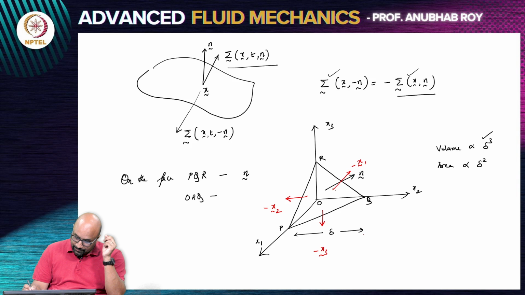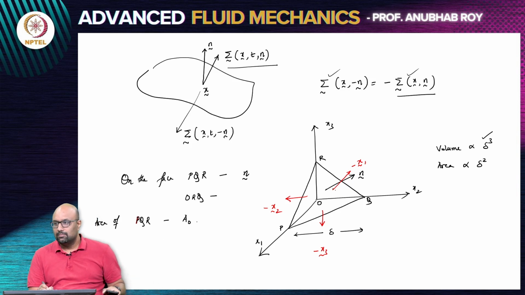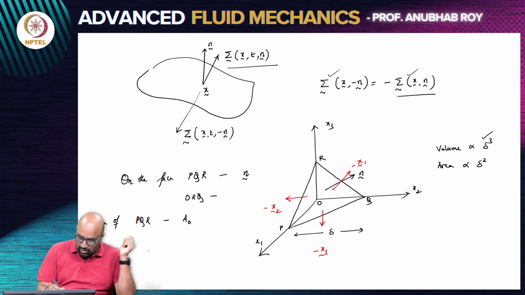Now, let's find the areas. Let's say the area of PQR is A naught. Then what should be the area of ORQ?